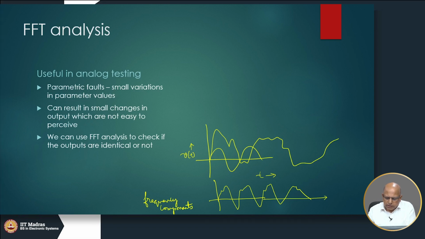Remember that there is a very important result due to Fourier, which talks about how a periodic waveform like this, suppose the frequency of this waveform is 1 kilohertz, so this is 1 millisecond, 2 milliseconds, etc. So, this is a periodic 1 kilohertz waveform. The period is 1 millisecond.